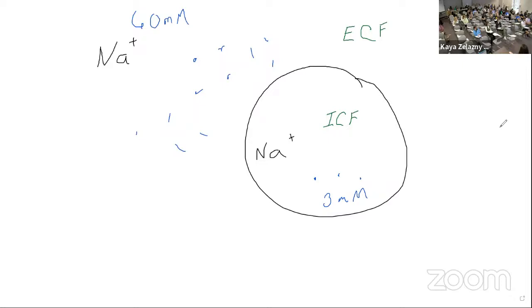And molecules want to spread out evenly, the result of which is that they want to go down their gradient. So when we're thinking about just a simple chemical gradient, we're always going to expect that force to point towards wherever the low is. So in this example, you'd expect sodium to move from the ECF, where there's high concentration, towards the ICF, where there's low concentration.